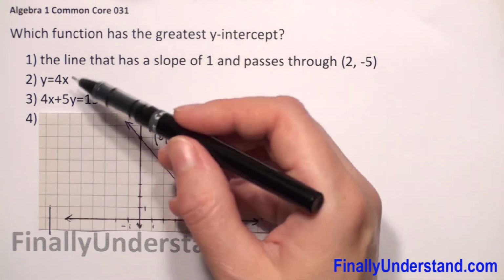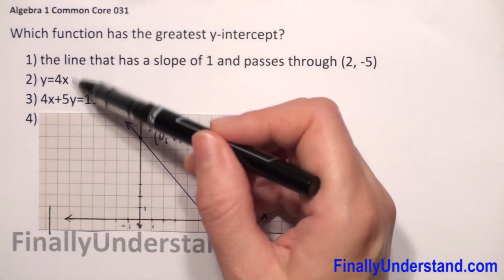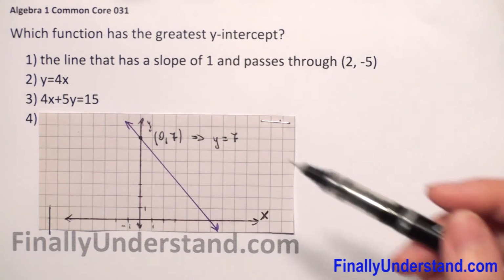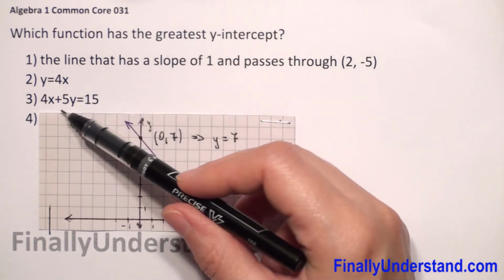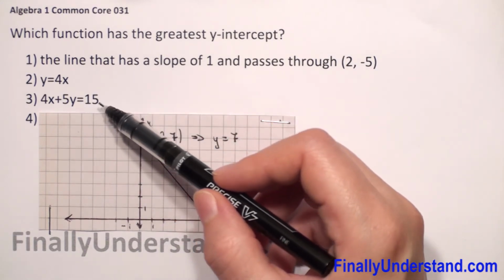Next, we have to find the y-intercepts in these 3 lines. The third line is 4x plus 5y equals 15.